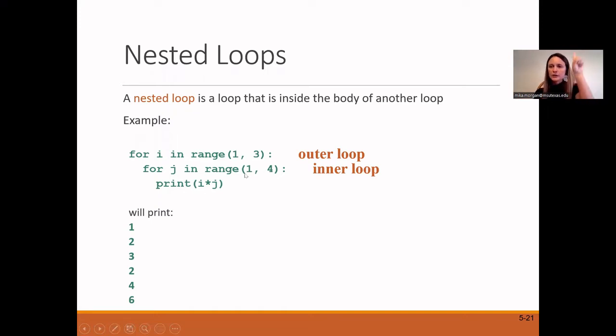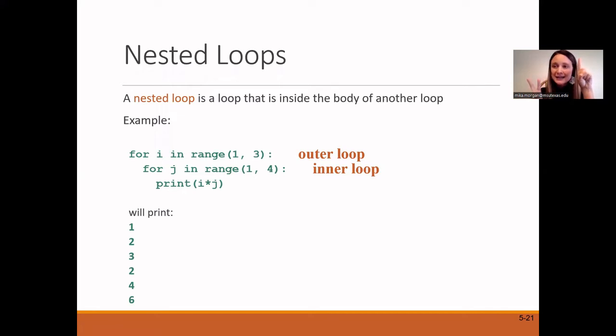Here's I over here in this hand. This is going to be J. 1 times 1, 1. Now, that is all that we asked this inner loop to do. So when it finishes running all of its commands, it comes back up to the loop and it increments. Now we have gone up to the next number. Now J is equal to 2.